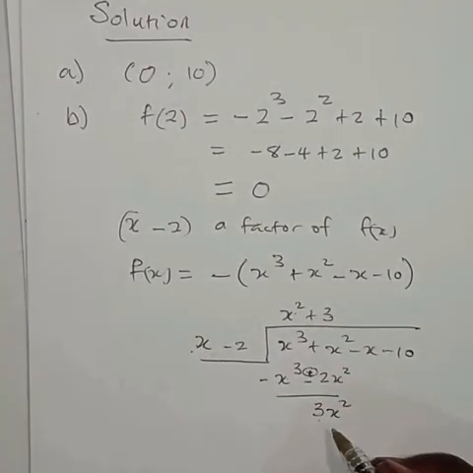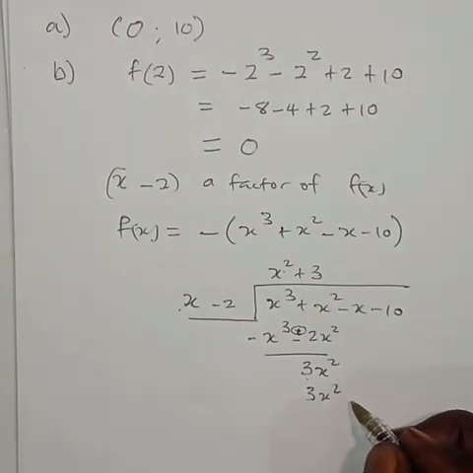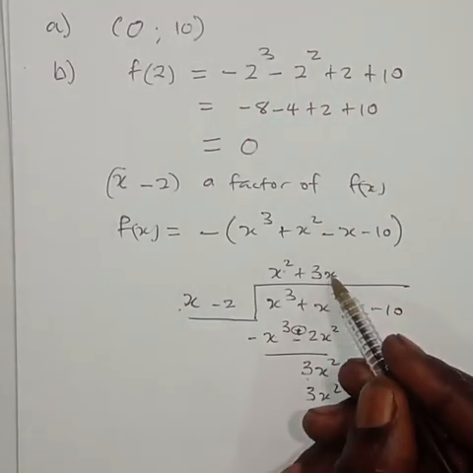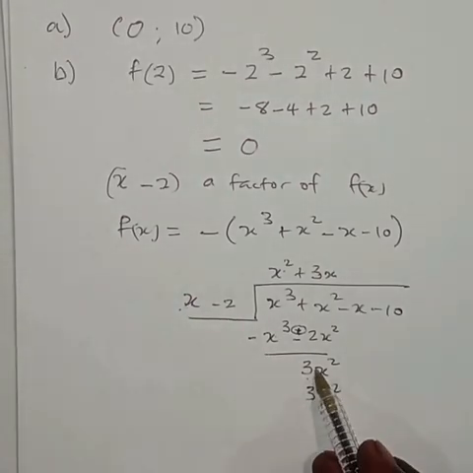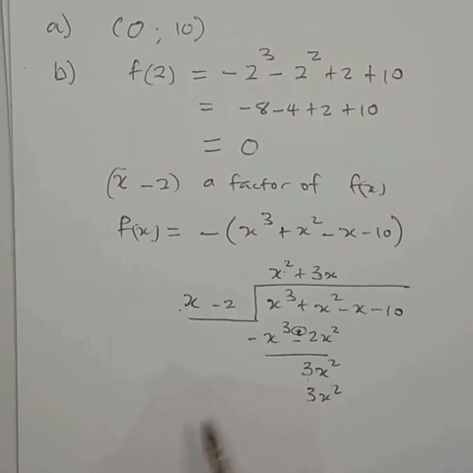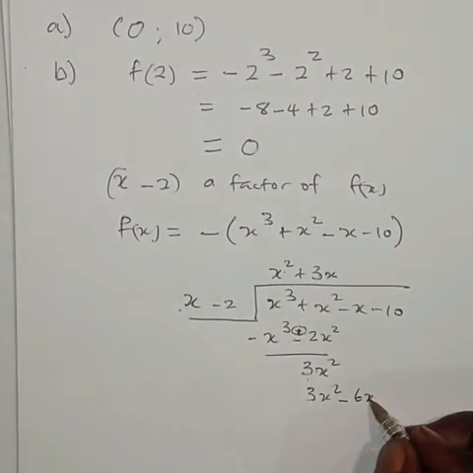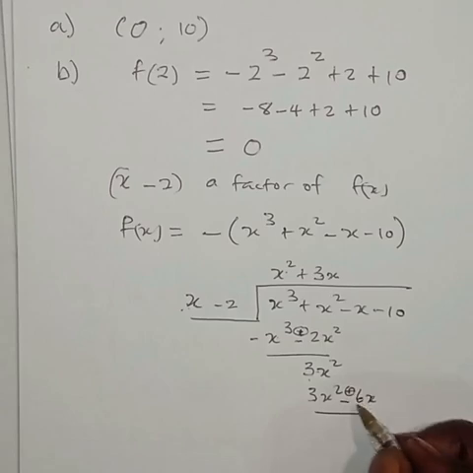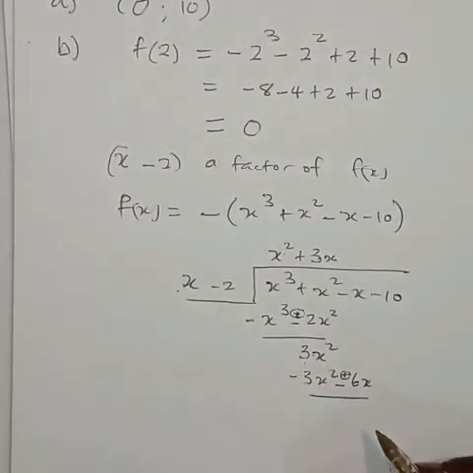Next, I divide x in there, I get a plus 3. 3 times x gives 3x squared. Then 3x times minus 2 is minus 6x. Likewise, I change the signs, putting a positive wherever there's a negative and a negative wherever there's a positive.